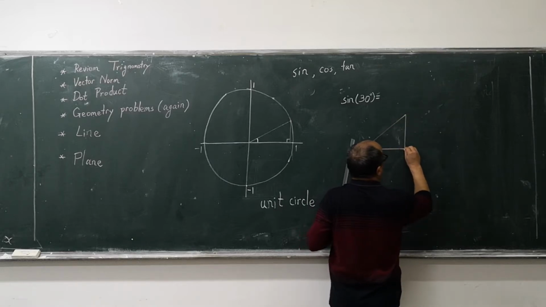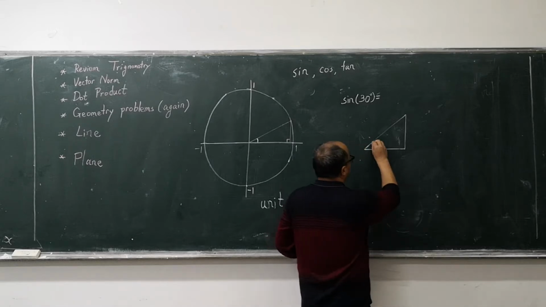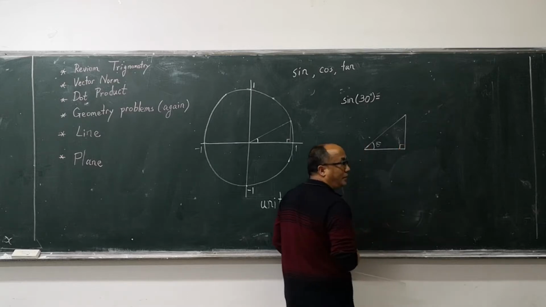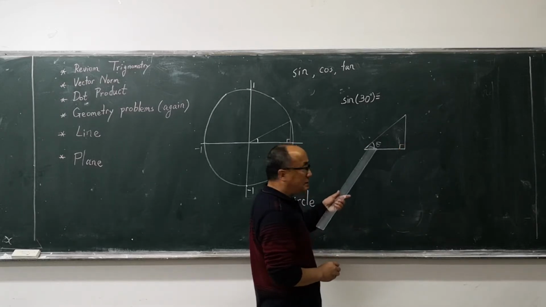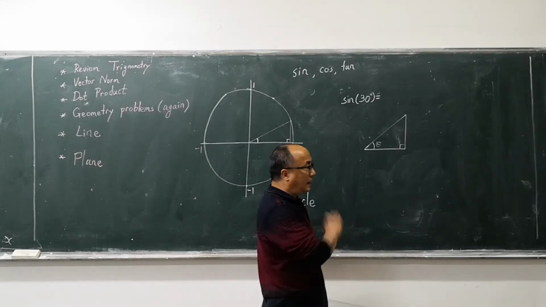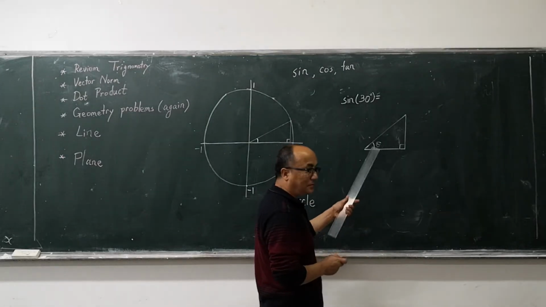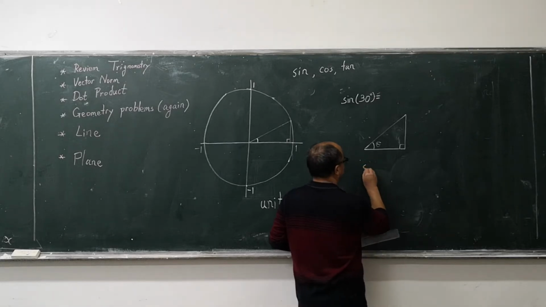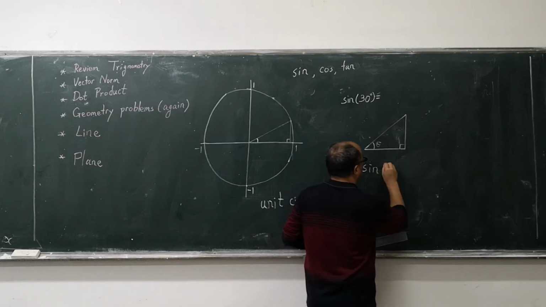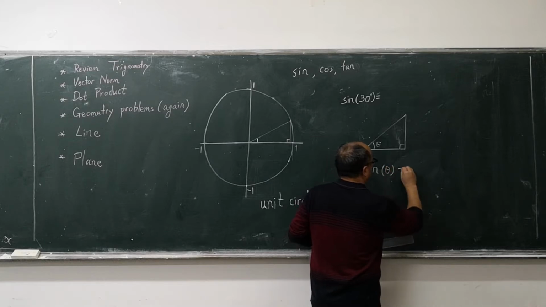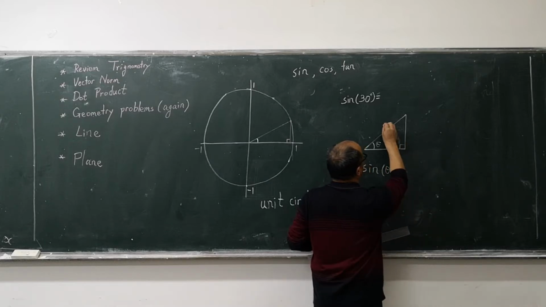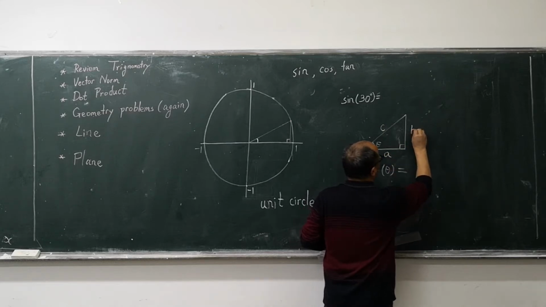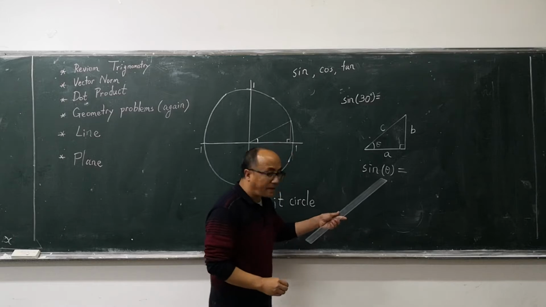Normally in a regular textbook, people say, let's say this is a right triangle, and this angle is theta, which could be any value. Let's label the three sides: this is C, this is A, and this is B. What is sine theta?